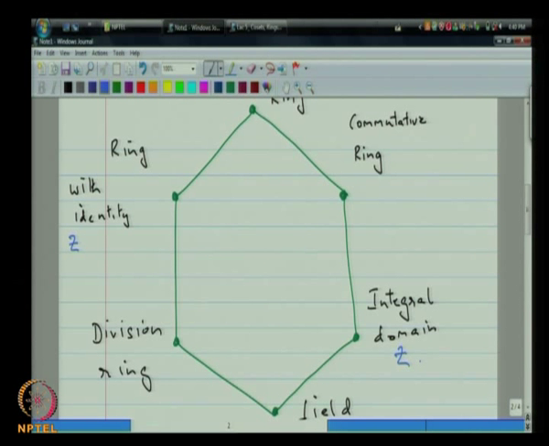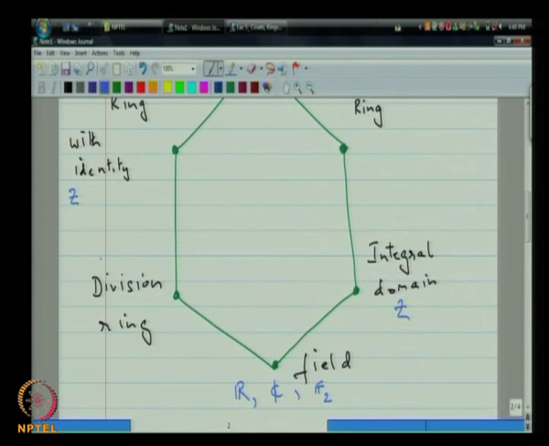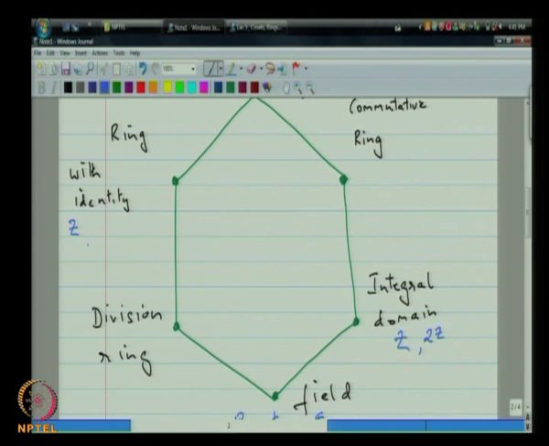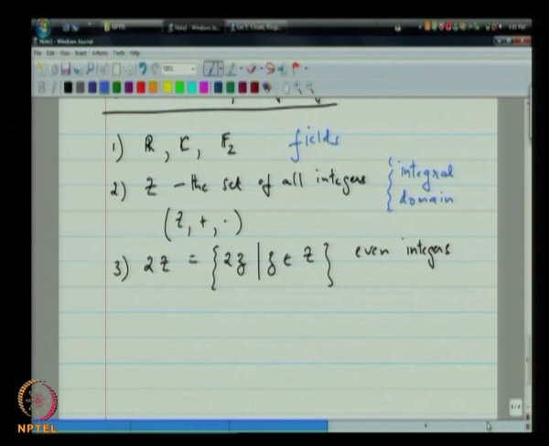Yes, they are an integral domain, but are they a ring with identity? So, the difference between Z and 2Z is that Z can be listed here, but 2Z cannot be listed as a ring with identity.